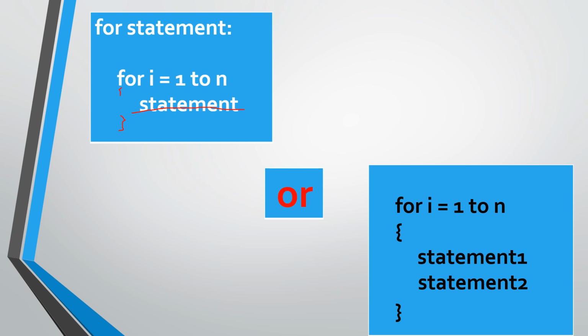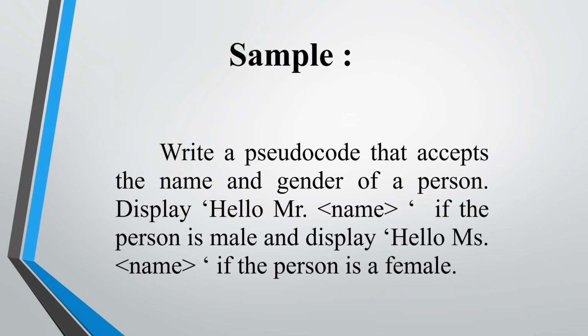So, pwede na you don't include these open and close curly braces. Okay? If you have more than one statement, just enclose it with open and close curly braces. Alright?